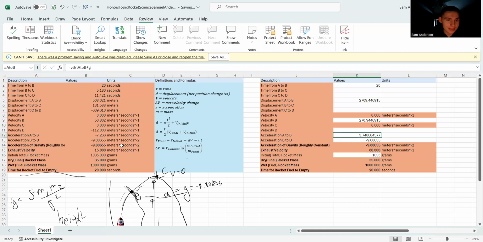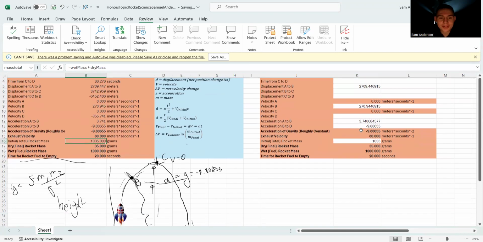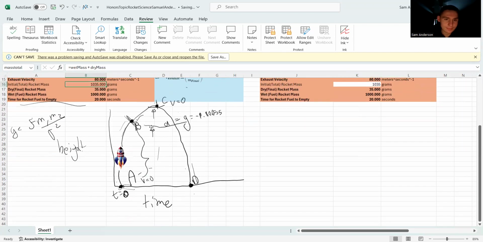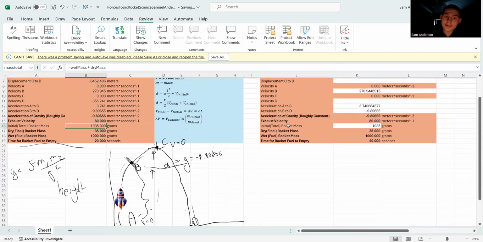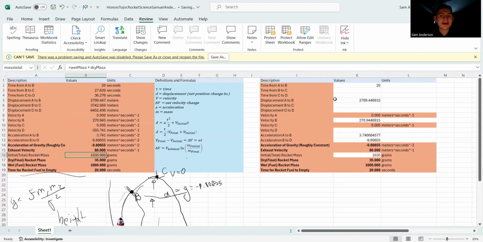Now we have a positive acceleration. So it has to be much more powerful. Exhaust velocity. Let's make this 80 meters per second here as well, so our numbers match. So that's everything, all the information we want from point A to B. That's probably the hardest part, actually.